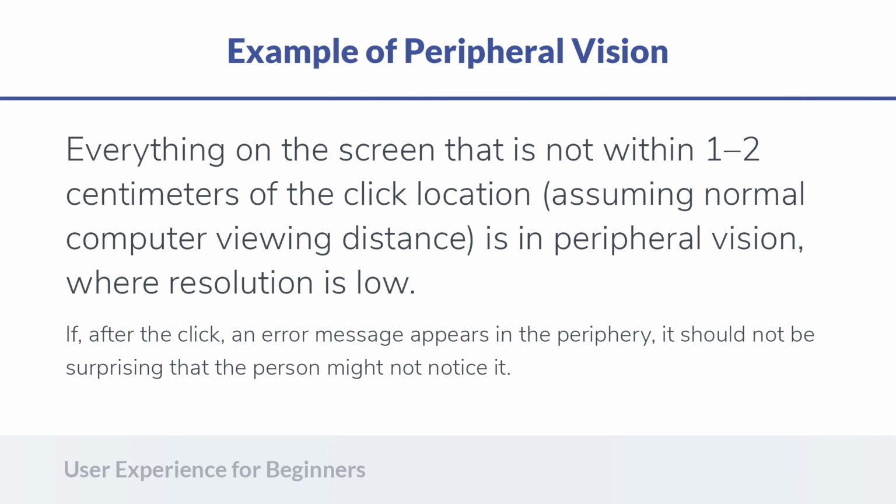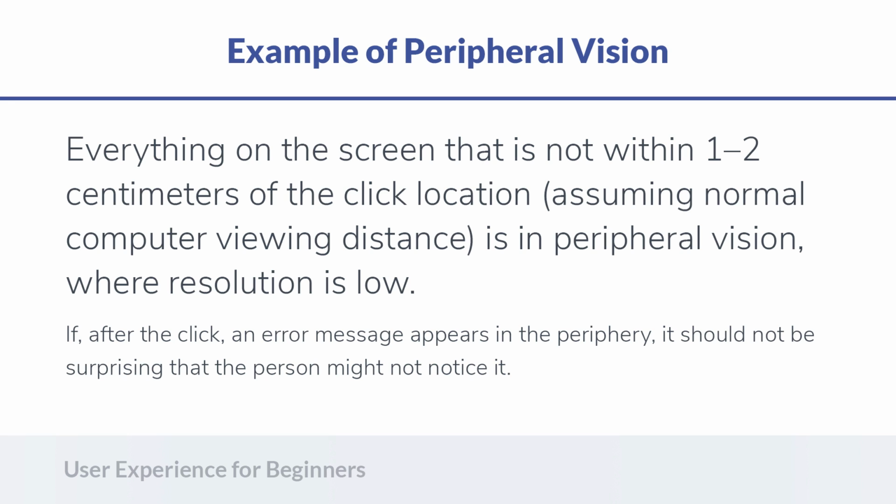Now, central vision is very limited. Everything on the screen that is not within 1 or 2 centimeters of your click location is going to fall in the peripheral vision, where resolution is very low. Everything is blurred. If you are using a form or a button and the user is going to click it, then your error message or success message should be very close to the button he just clicked.